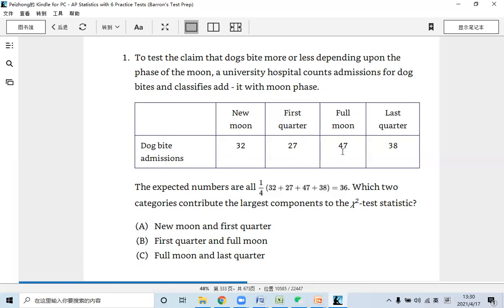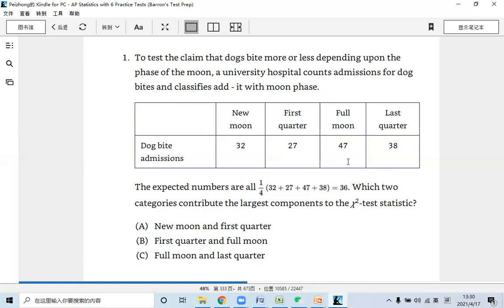And then for full moon, 47 minus 36, the difference is 11. So these 2 quarters have the biggest deviation from the expected value.